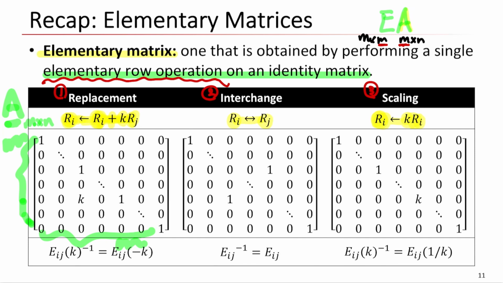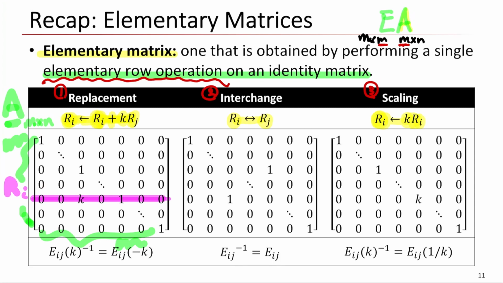First of all, in the replacement rule, the general form of the elementary matrix looks like this. Let's say this is row i, and this is row j. By using this matrix, we can perform the replacement.